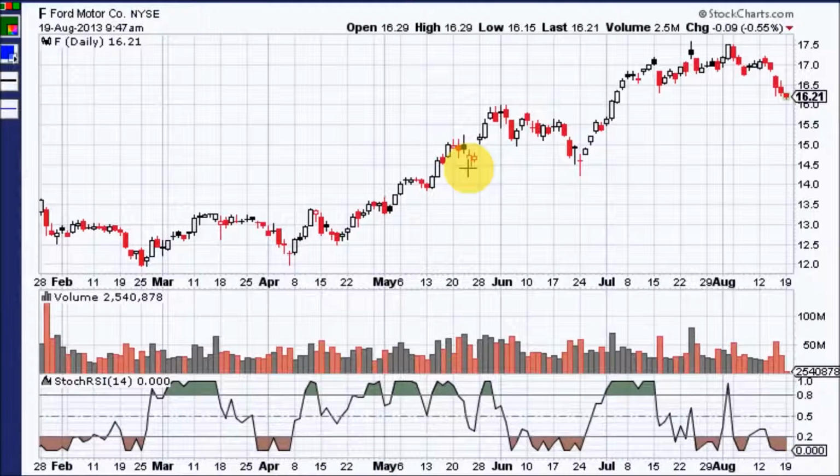Now let's look at the buy signals Stoch RSI has given on this chart. Remember, anything below 0.5 is bearish. So any crossover above 0.5, like right here, is bullish, and the stock goes up. Here's another one. It becomes very oversold after this pullback. Nice reversal candle, good volume at the bottom, and it runs for 3 days.